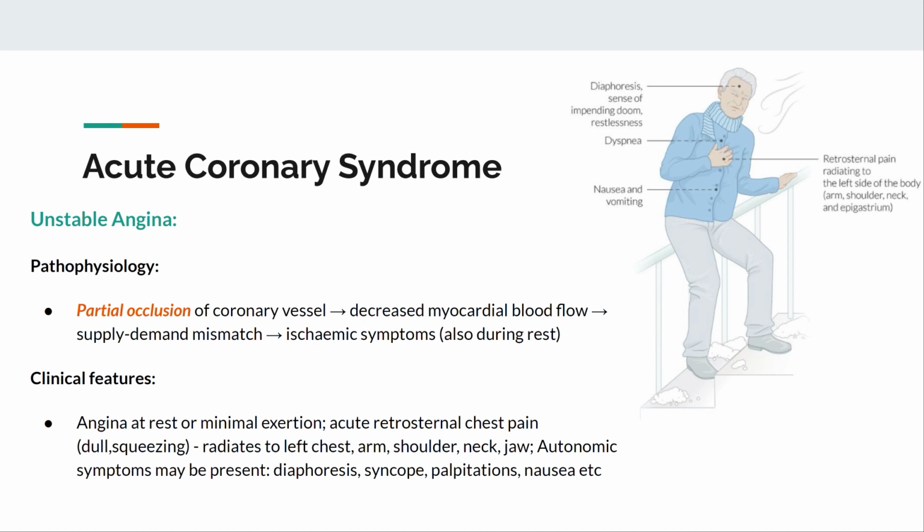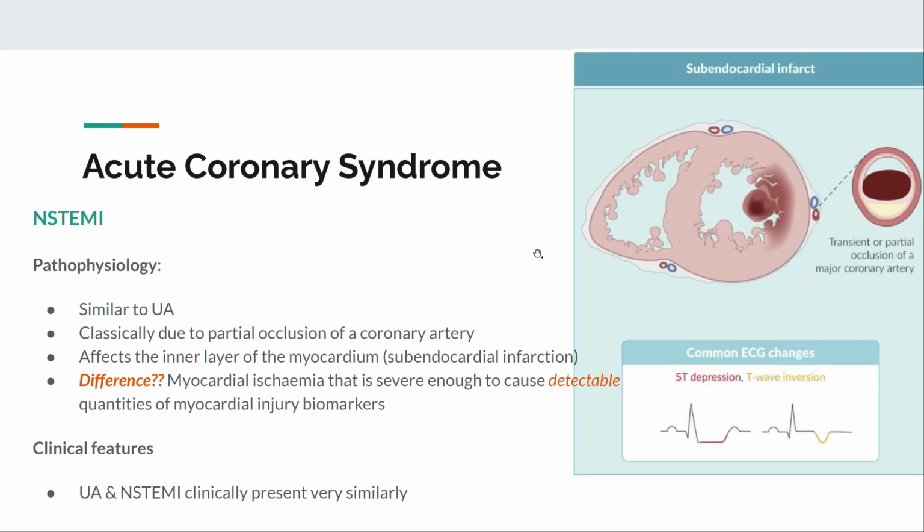firstly, unstable angina, which is on the left side of the spectrum, where you have partial occlusion of a coronary vessel, and you get ischemic symptoms which are now arising at rest. So minimal exertion at rest. That's the thing that separates this from stable angina.